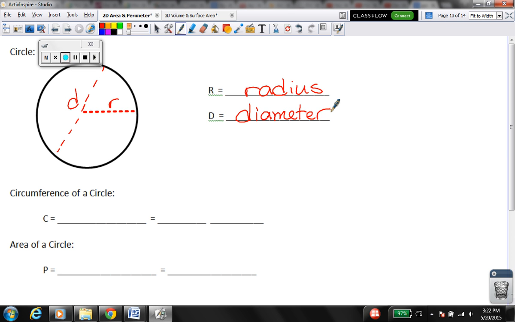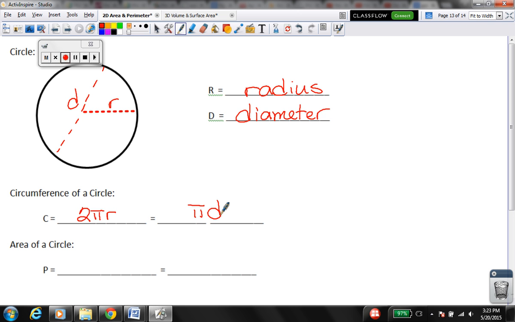Now, we can always rewrite the equation for circumference and area in terms of the radius or in terms of the diameter. For the circumference, we have that it is 2 pi r. But since the diameter is already twice the radius, I can simplify it as pi d. Either way is completely fine. The more common way is 2 pi r.